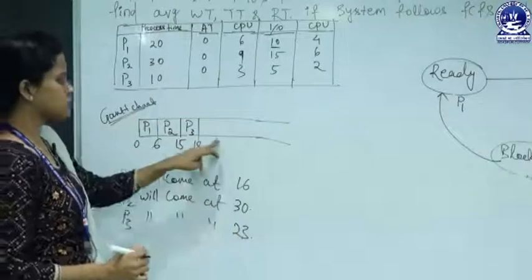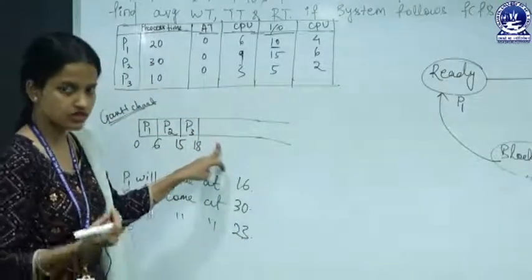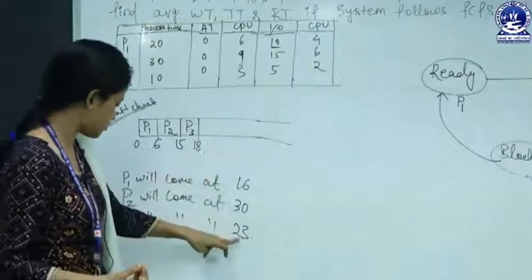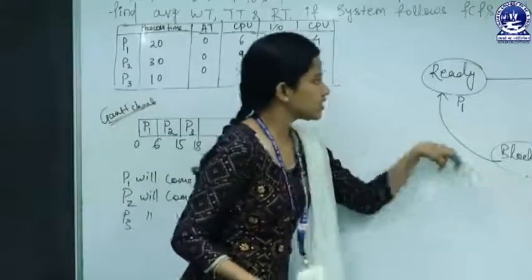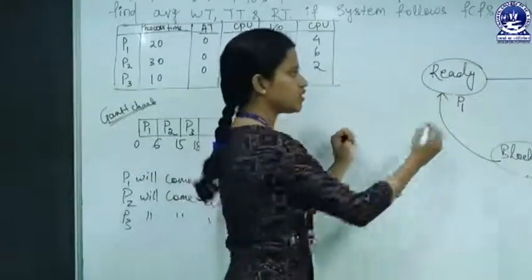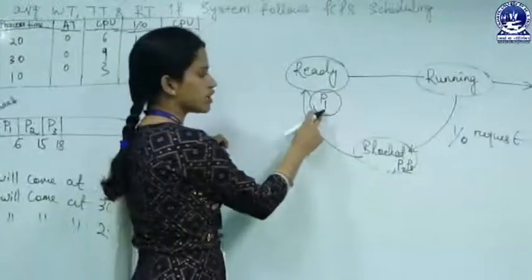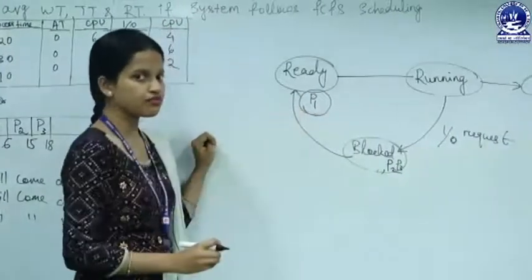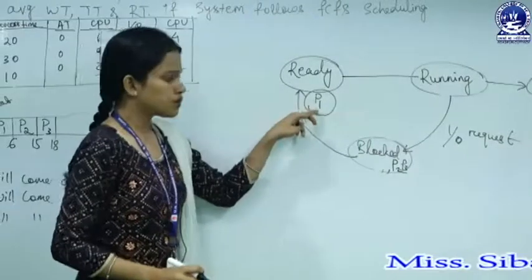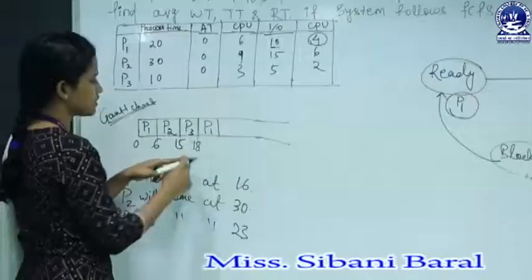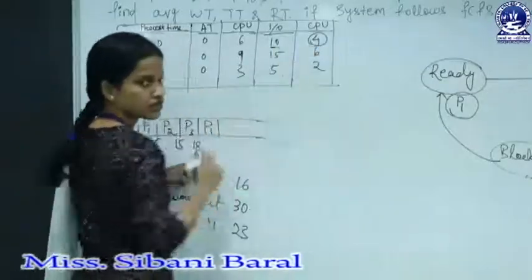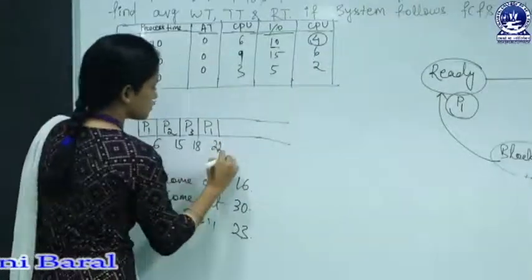When the time is 23, P3 will come to the ready state. Now in ready state we have one and only P1. So we have to put P1 into the CPU. That is 18 plus 4, 22.